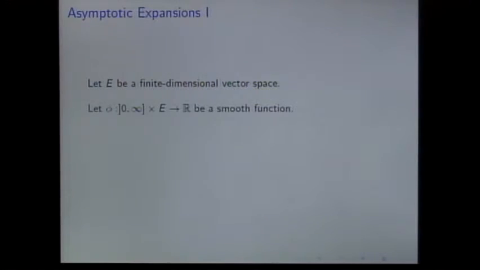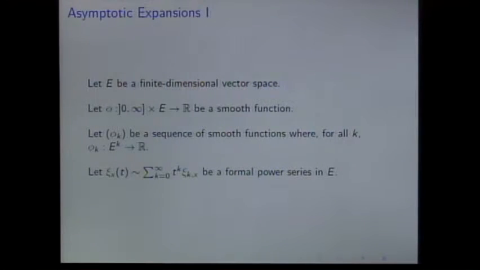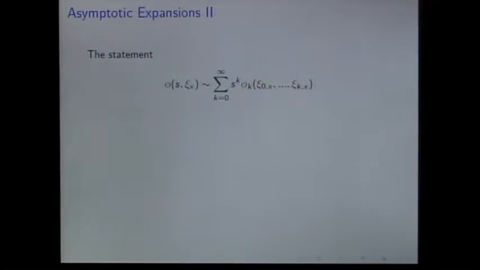Let E be a finite dimensional vector space. Let phi be any smooth time-dependent or scale-dependent function. And let phi_k be a sequence of functions where for all k, phi_k sends E^k to R. Now, we let psi be a formal power series taking values in E. Then we have this statement here. Phi of s tilde psi is equal to this sum.